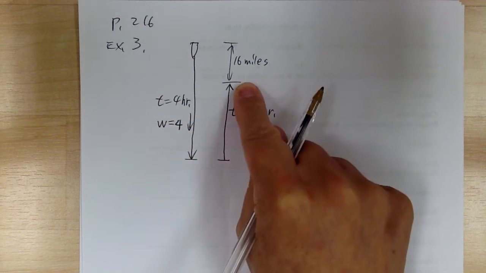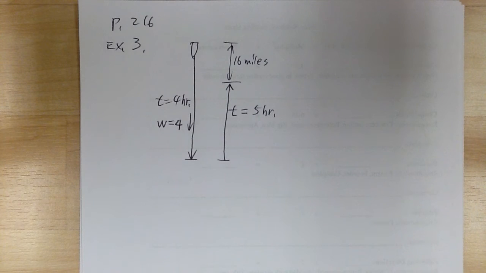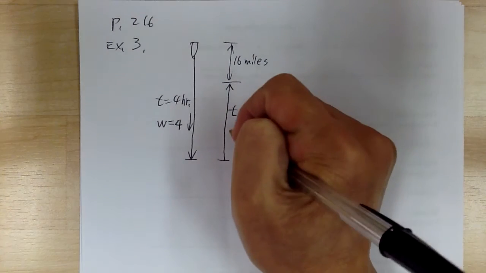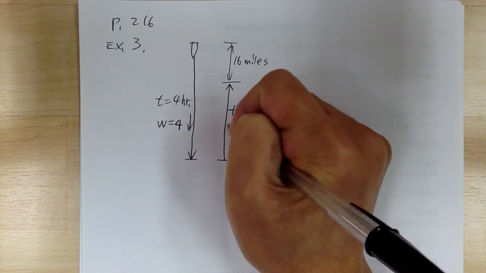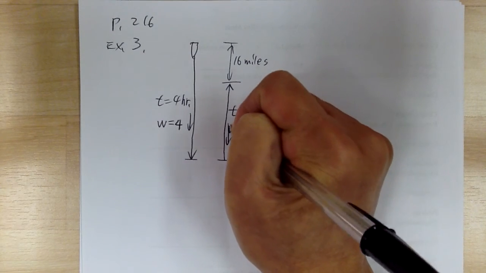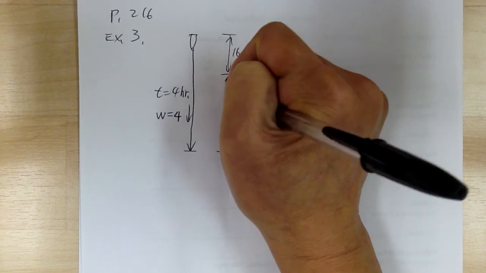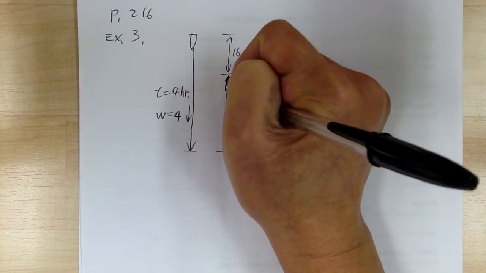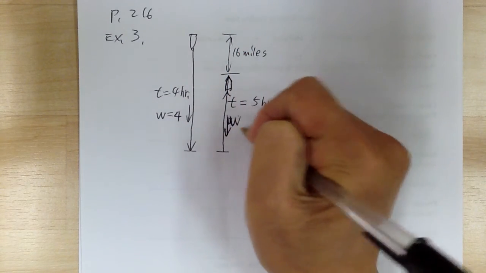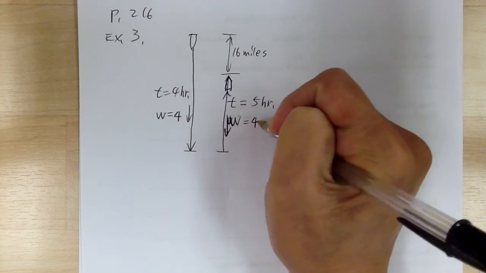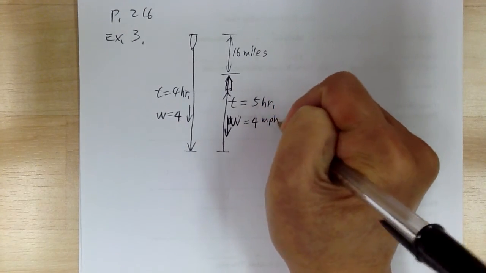Now, when a boat turns around, does the water turn around with the boat? No. So the water is still going down this way, but the boat is going that way. The water is still going down at 4 miles per hour.